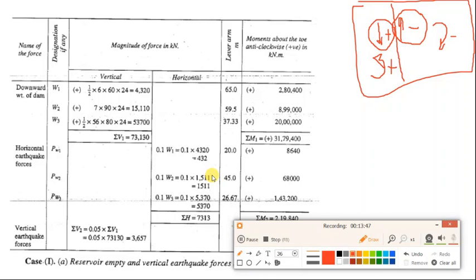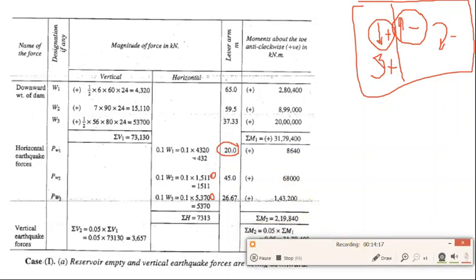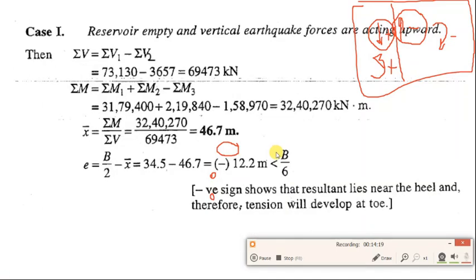And for W3 it is 0.1 multiplied by 53,700. And multiplying each with its lever arm will give you the moment. Let us discuss how to calculate this.